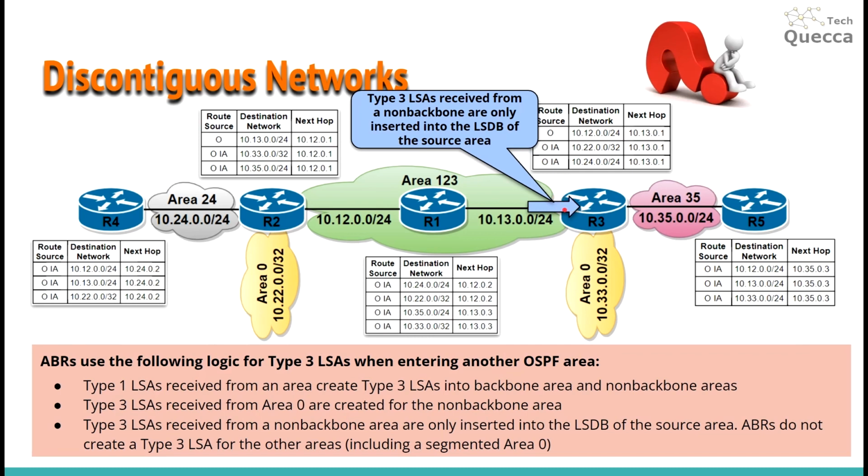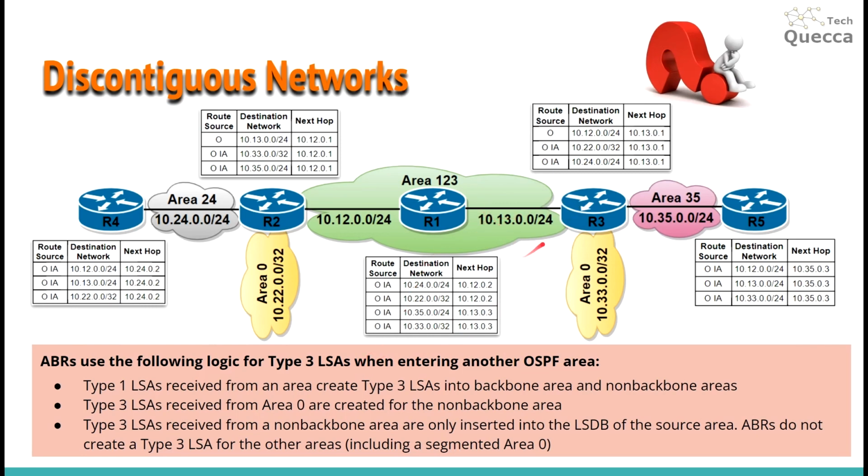So in this case, it needs to send it to area 0 to create a type 3 LSA. But because of these three rules, these routers are not getting LSAs for these areas, so they don't know anything about them. To fix this issue with discontiguous networks, first we can change area 1 to 3 to area 0. But if that is not the case, we can use virtual links.